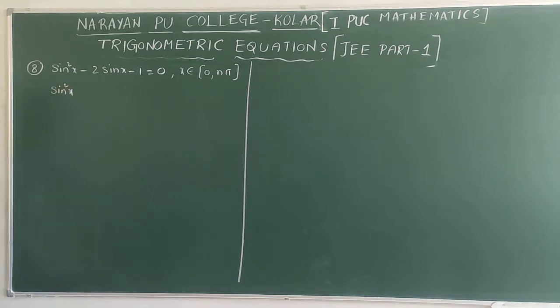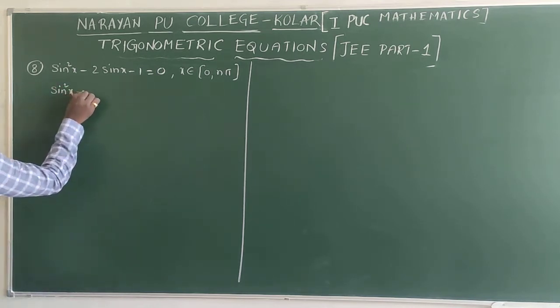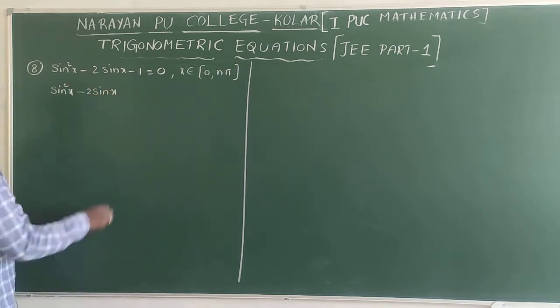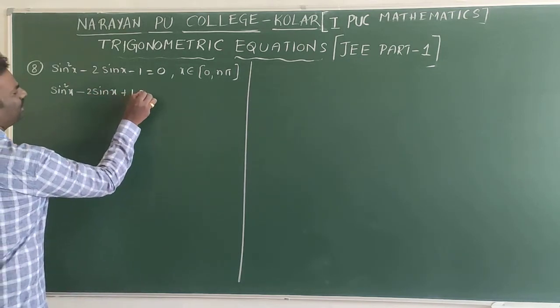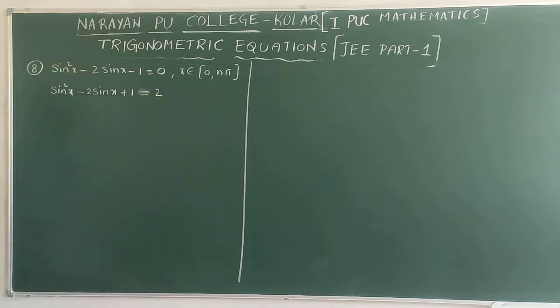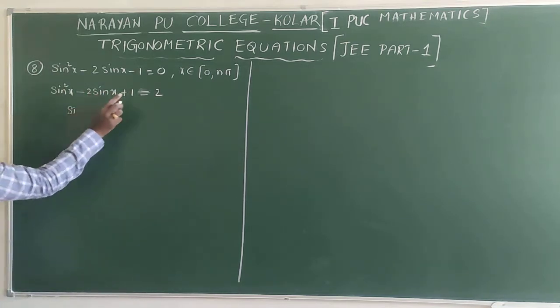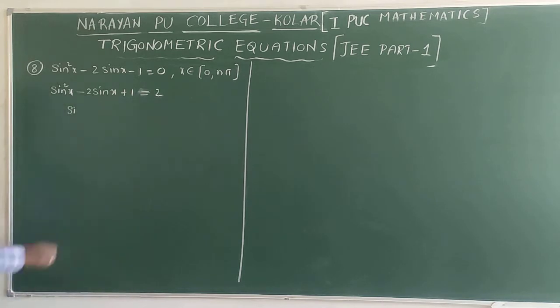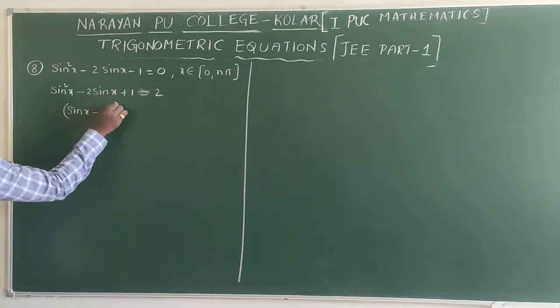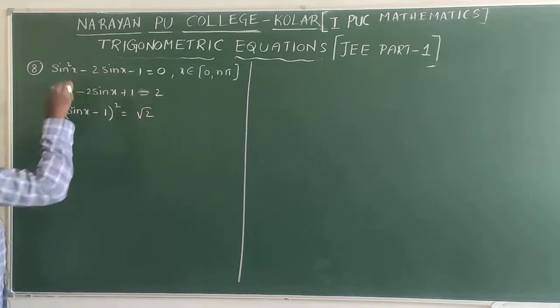Sin square x minus 2 sin x plus 1 is equal to 2, I can write. Now it is a square minus 2ab plus b square. That is nothing but, because 1 minus 2 you will get minus 1 only, sin x minus 1 whole square equals 2.